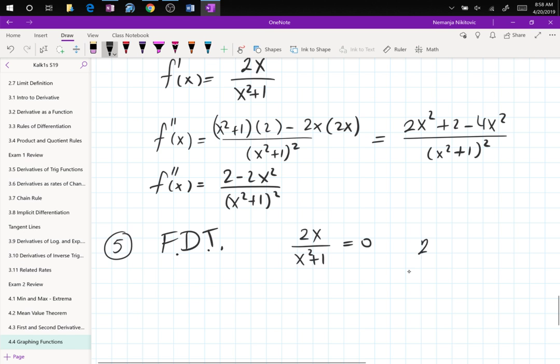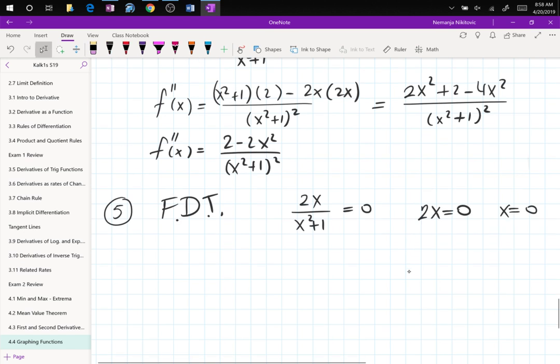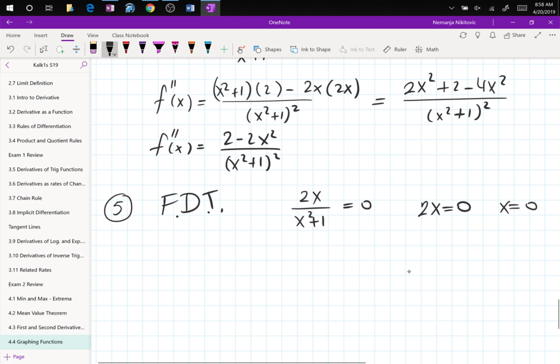So this is going to be 2x equal to 0, x equals 0. Then we work out the partition. We do not have any vertical asymptotes. We only have one critical number.